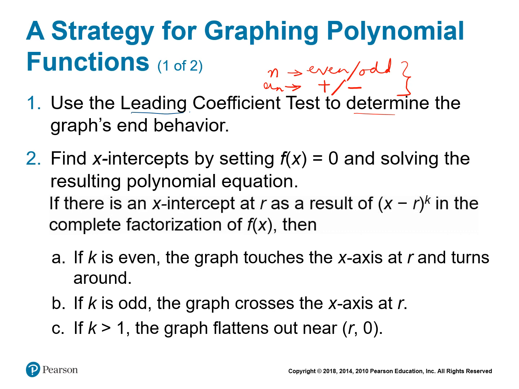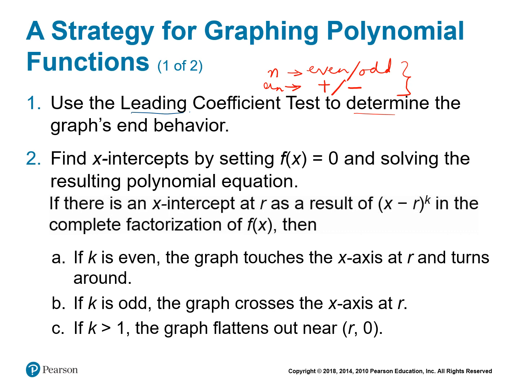So we have to know those. In tests and exams they will not be given to you, so you have to just remember what the leading coefficient test is and how to apply that.